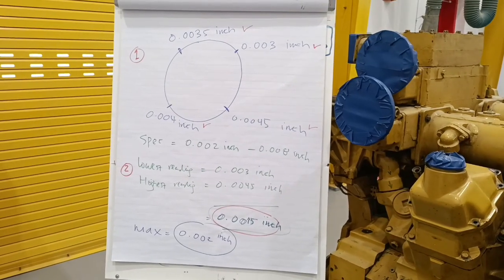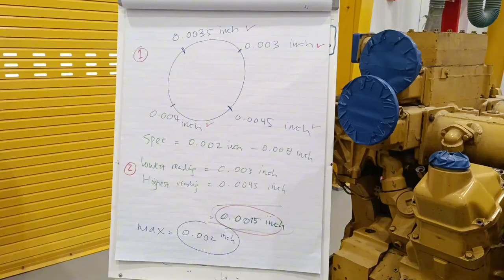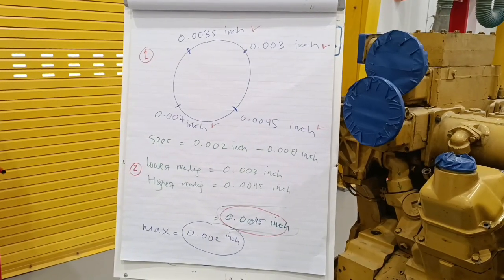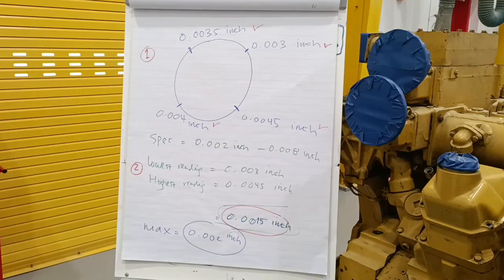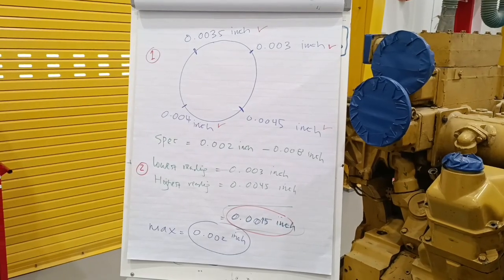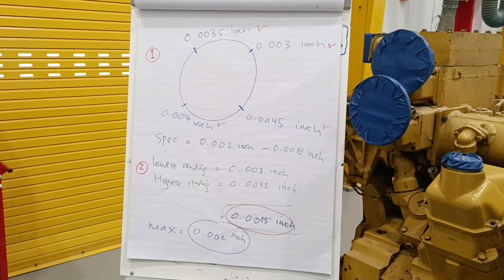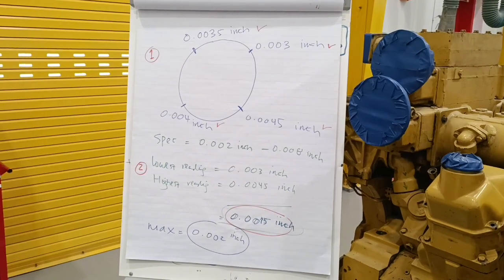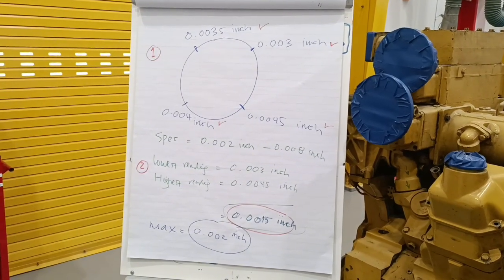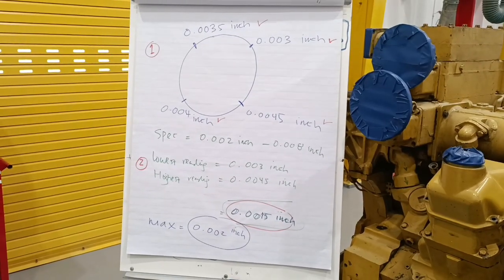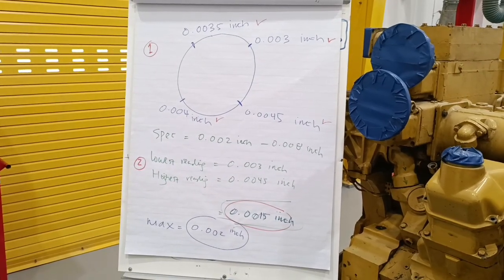The first reading is 0.0045 inch. The second reading is 0.003 inch, the third reading is 0.0035 inch, and the fourth reading is 0.004 inch. So all of the 4 readings are within specification.